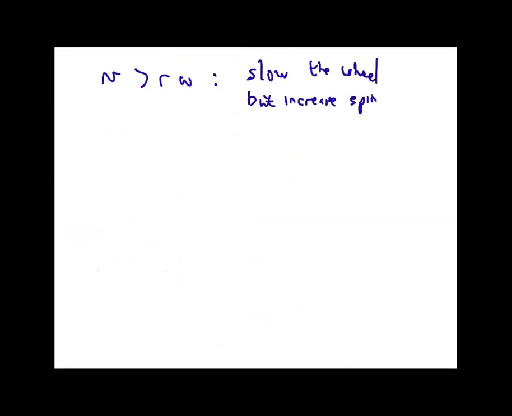Right, it'll make the wheel go slower, but spin faster. And then the flip side is if the velocity is less than r omega, then it will speed the wheel, but decrease the spin.